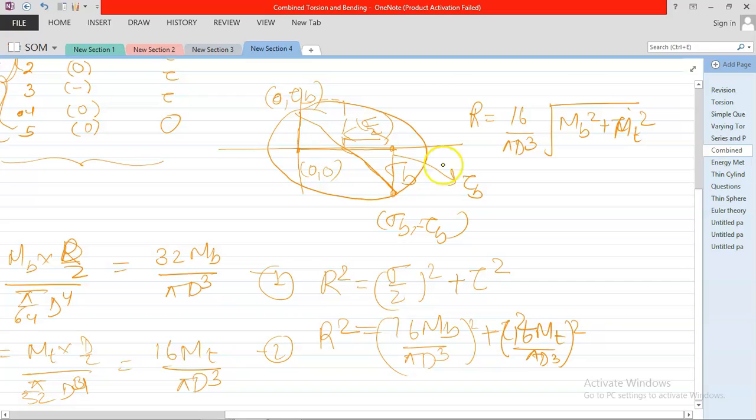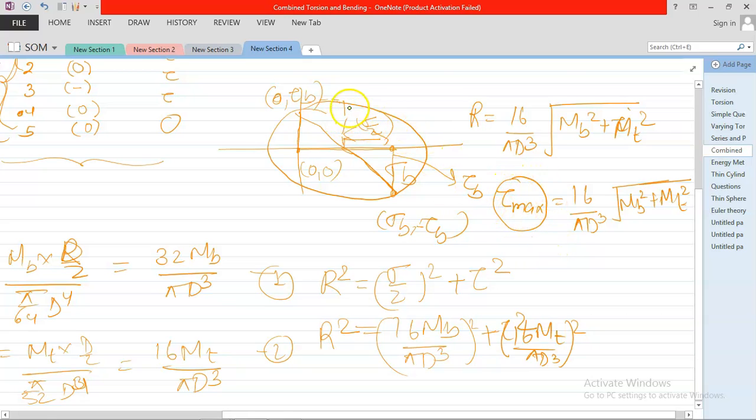So this is the radius of the circle. So maximum shear stress, that is tau max, is 16 by pi d cube under root Mb square plus Mt square. Okay, now this is your maximum shear stress.